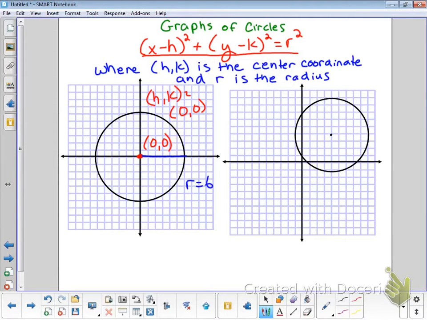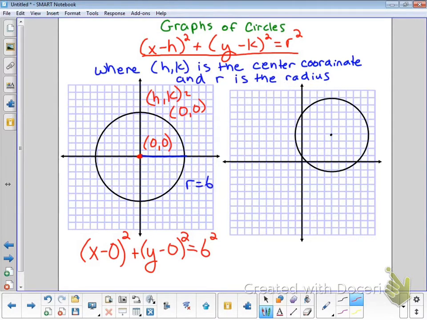So now I plug in to the formula. Now the minus h and the minus k means that we put in the opposite of the center coordinate. In this case, since our coordinates are 0, it really doesn't matter. It's going to be (x minus 0) squared plus (y minus 0) squared equals, and our r is 6, so 6 squared.